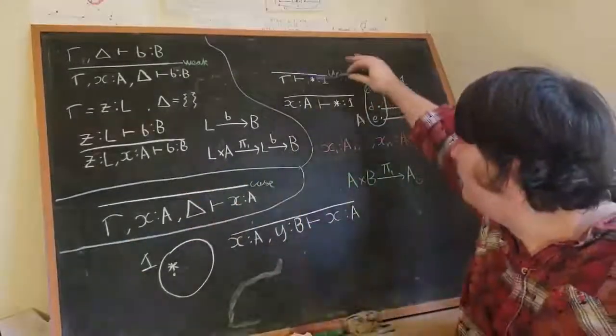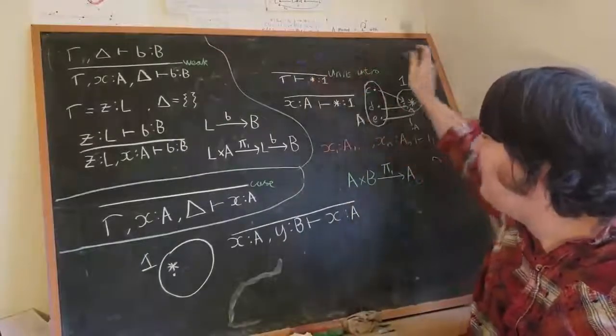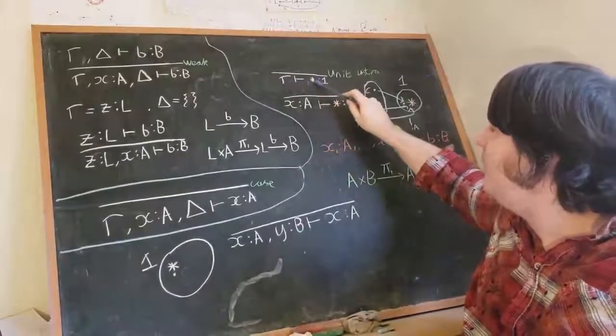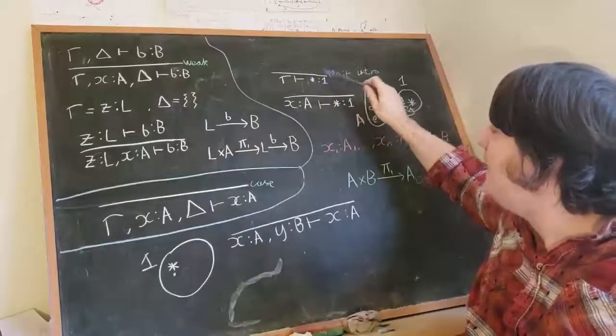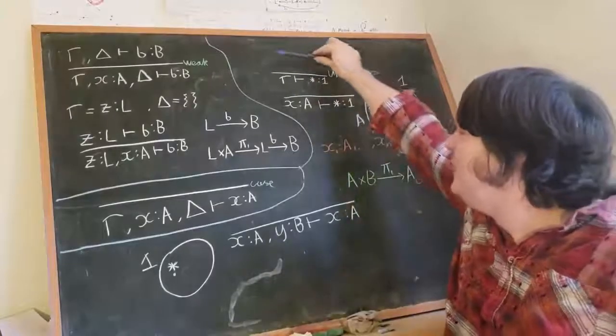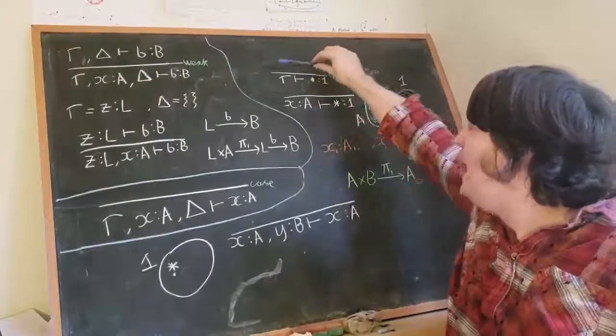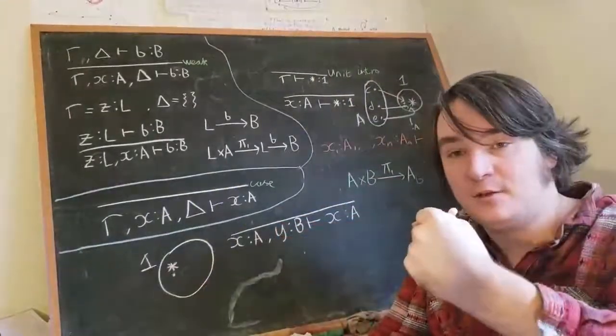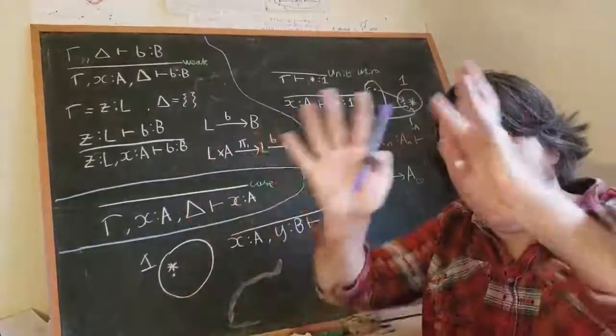So this is the formalization of this. It says that in any context gamma, we have that star is of type 1. Okay, and notice this horizontal line with nothing above it. That means that in any scenario where we have a context, we can say that that entails that we have this value star of the unit type.